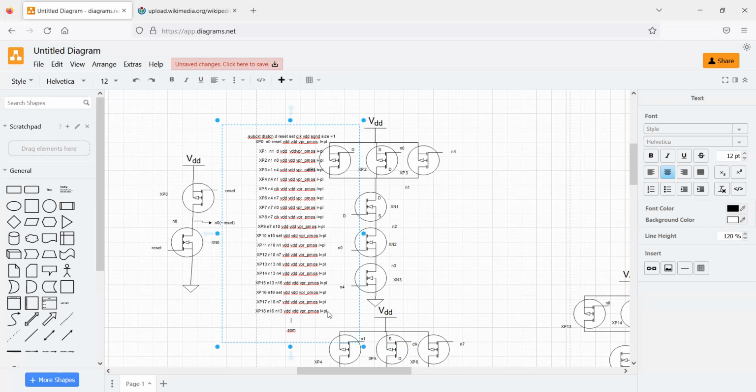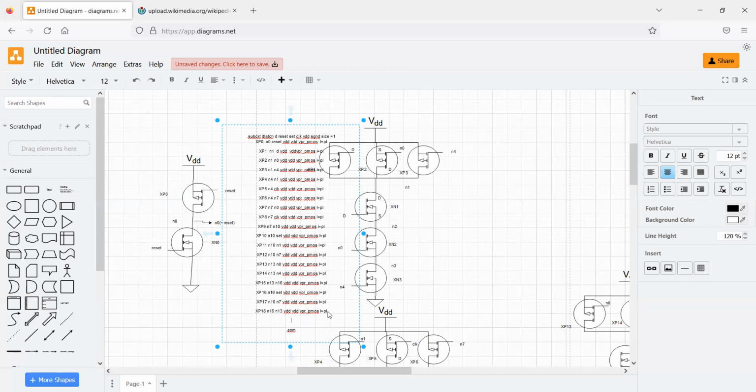Okay, so for XN0, XN0 is what? It's ground, reset, N0, no, it comes drain, source, gate. So N0, reset, ground. Then we have XN1. XN1 is what?